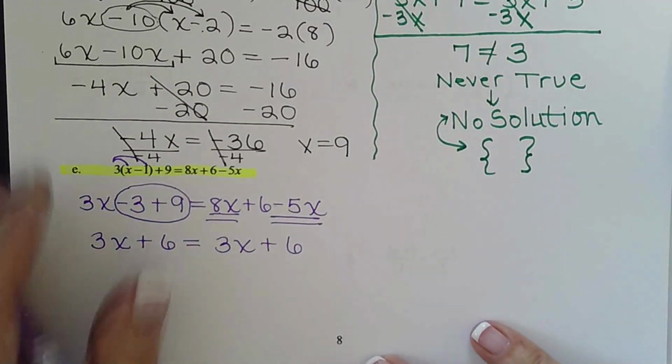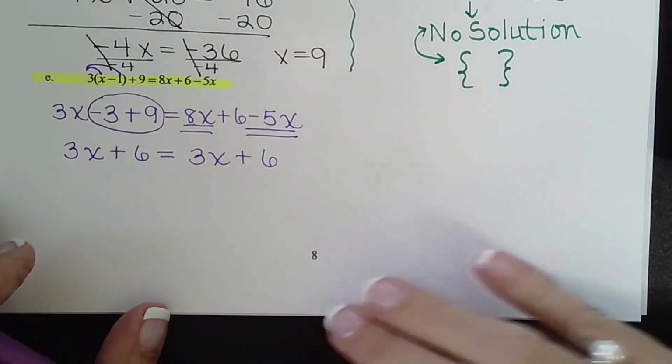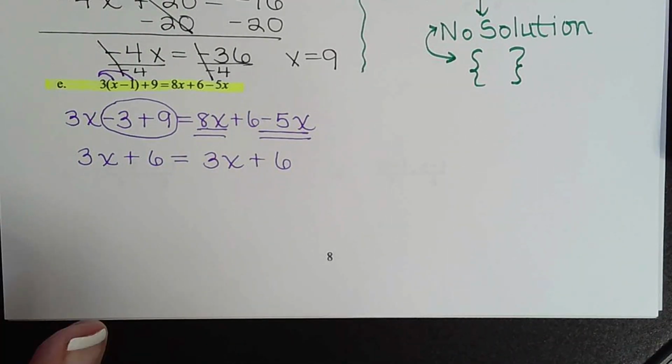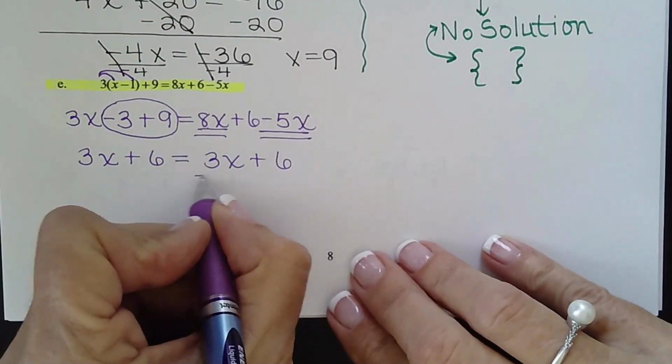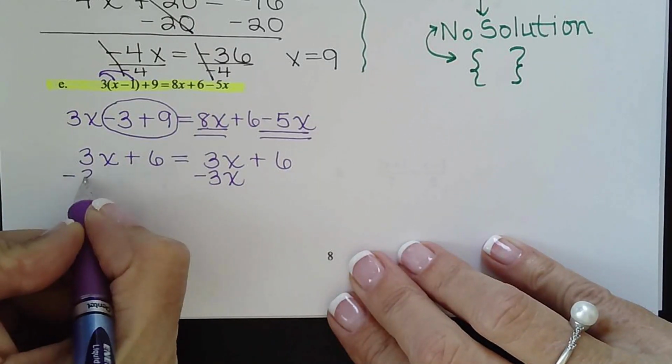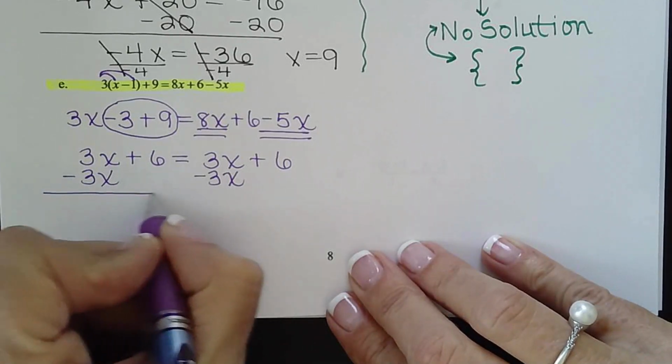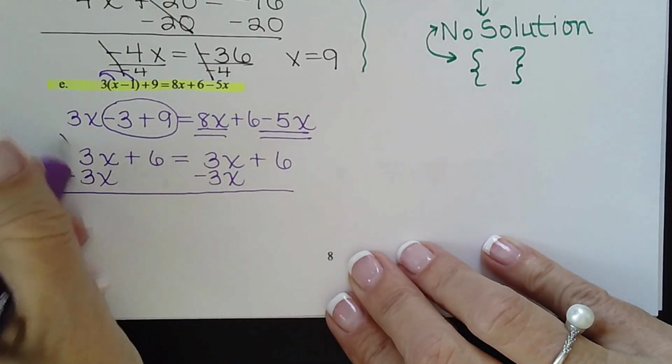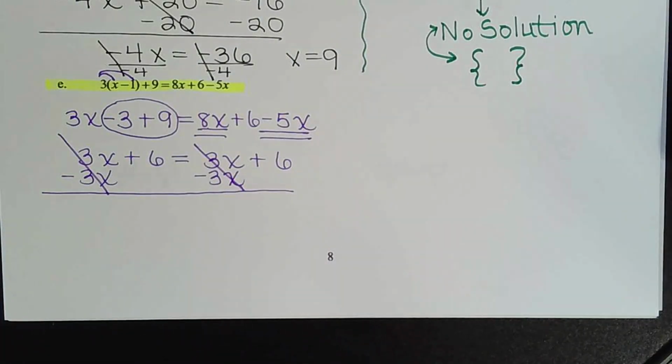Same scenario as the last one. The x's match, so I know this is going to be either a no solution or all real numbers. Negative 3x, negative 3x, and do not bring down an x. They cancel on both sides. There is not one x left. There are 0 x's left, so we don't write anything.